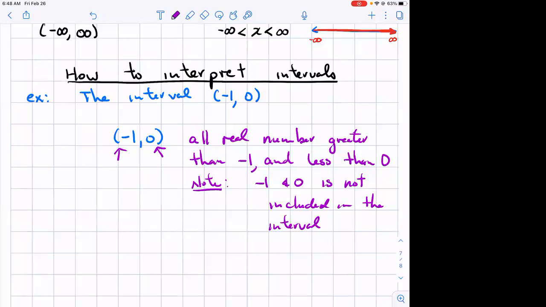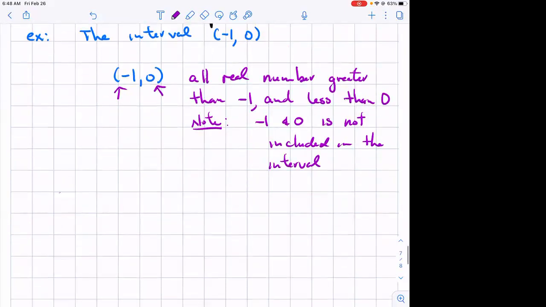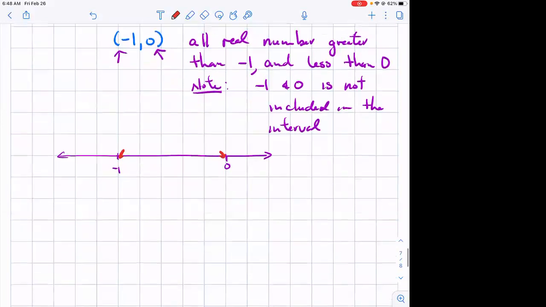So if you have -1 here and 0 here, you are starting just past -1. You do not include -1 right at that point, and you stop right before 0. So you don't include those numbers when we have parentheses. When we have brackets, we do include them.